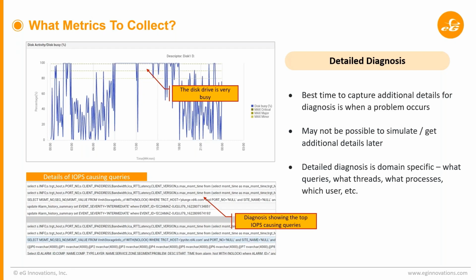The best time to capture the additional diagnosis is around the time when the problem occurs. So you don't want to wait for a human to come in and then run certain scripts to see what is wrong. You want to collect these additional details as we keep going, because it may not be possible to simulate issues down the line.